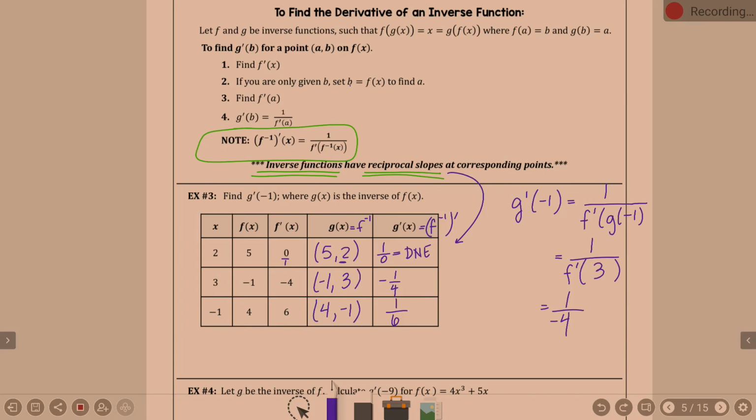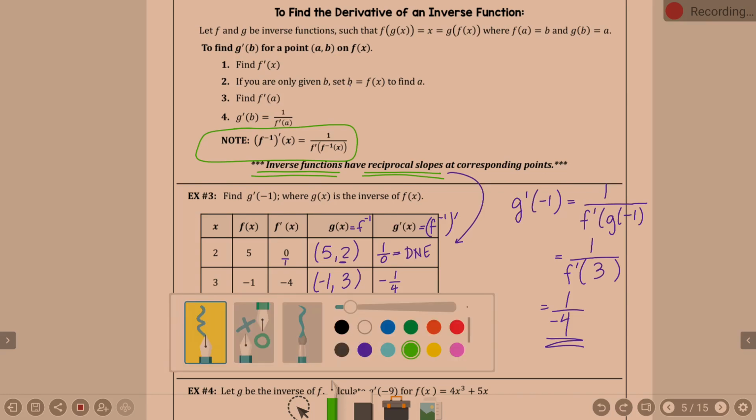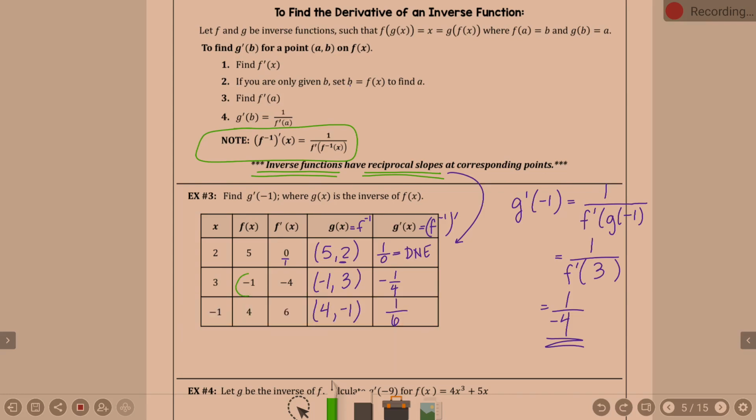So we end up with -1/4, the derivative of g at -1. Does this answer make sense? If -1 is the input of g, it's the output of f, and that slope is -1/4.